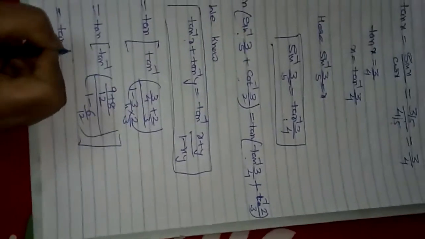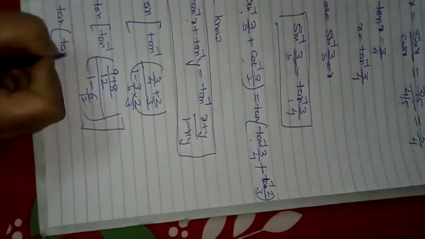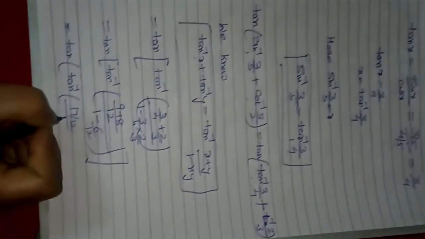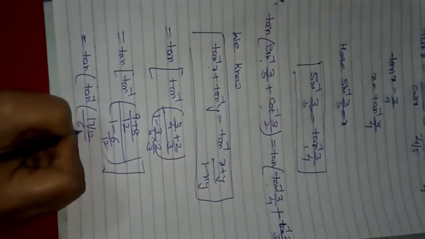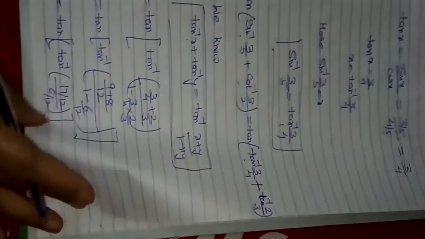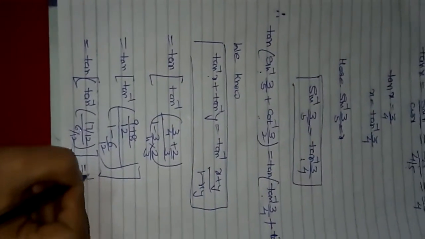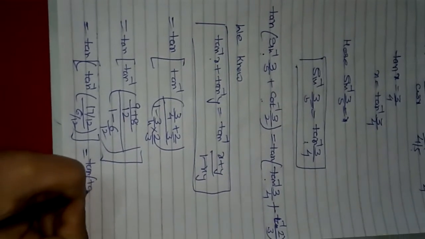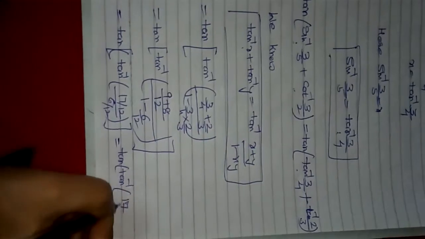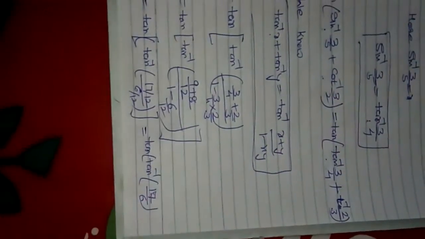So tan of tan inverse 17 upon 12 upon 1 by 6 by 12. Now after this it will come tan of tan inverse 17 upon 6. After solving, what is the value? It will come 17 upon 6.